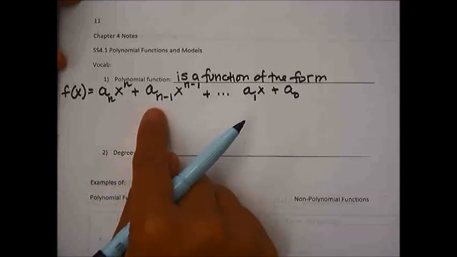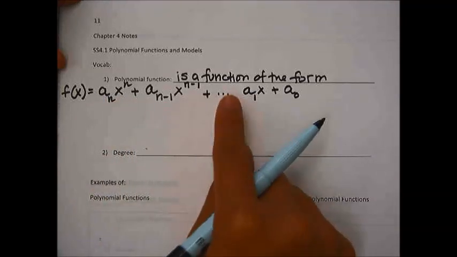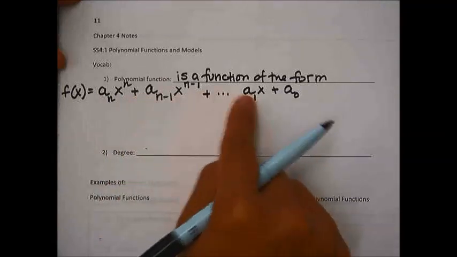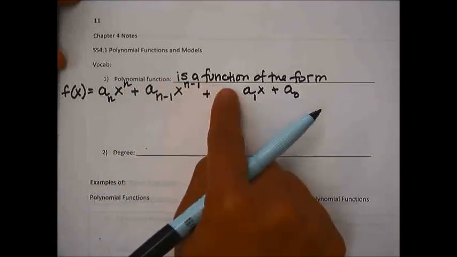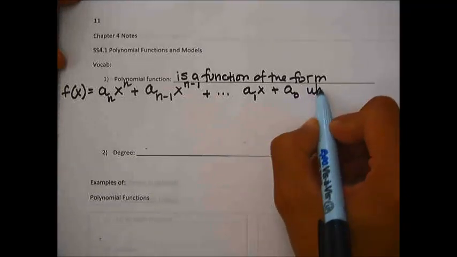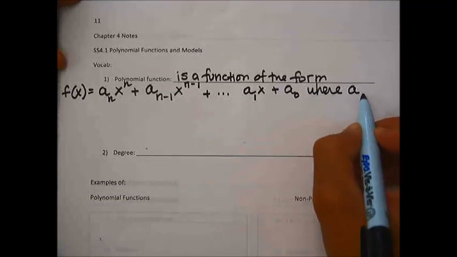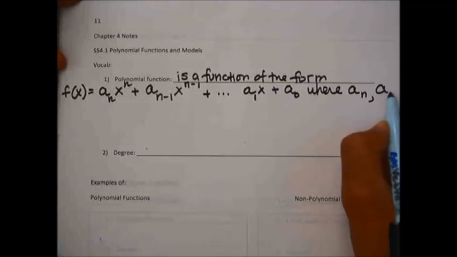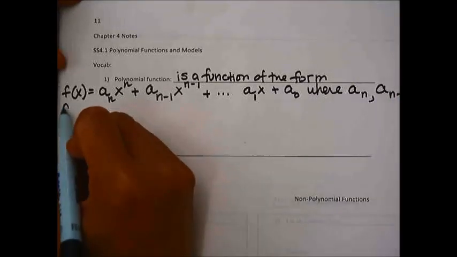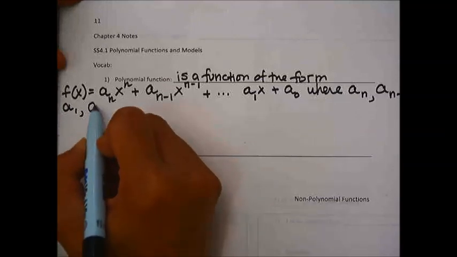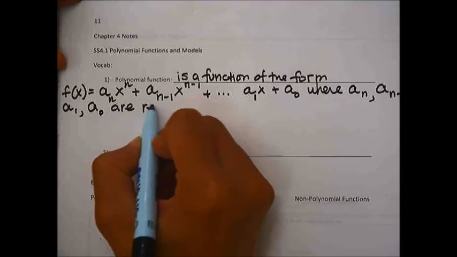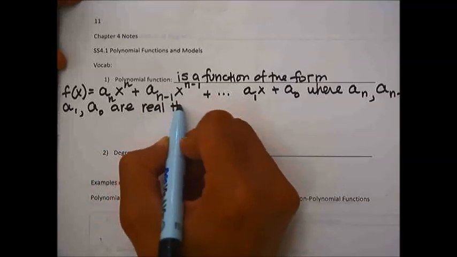So the a values are the leading coefficients. The x is obviously your variable, your input. And then the n, these are all exponents. Where a sub n, a sub n minus 1, dot dot dot, a sub 1, and a sub 0 are real numbers.